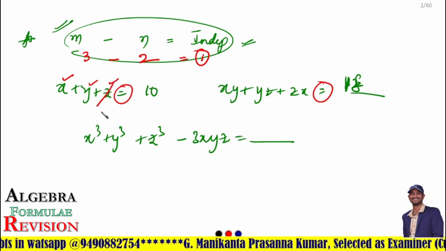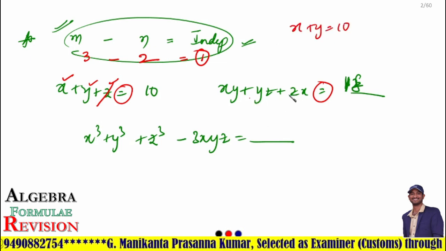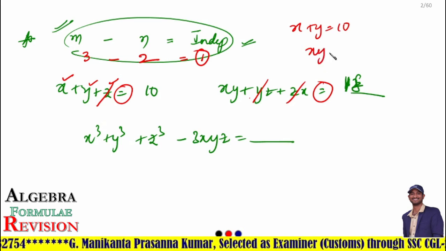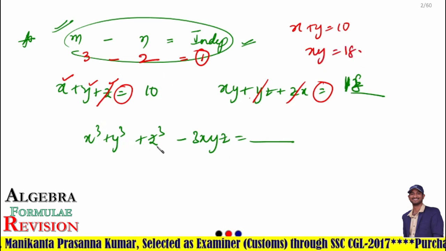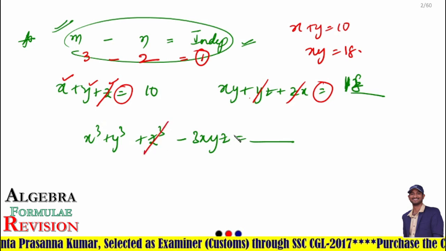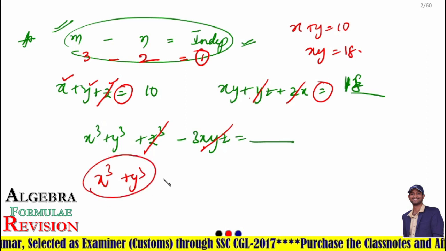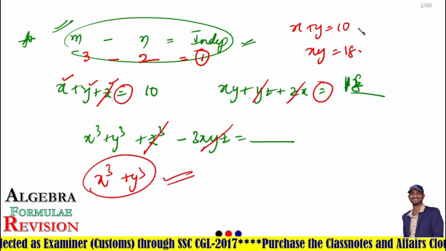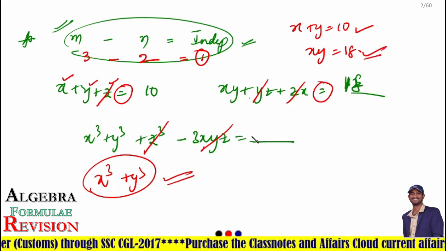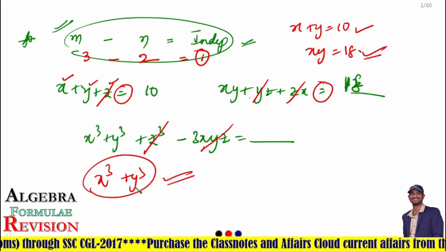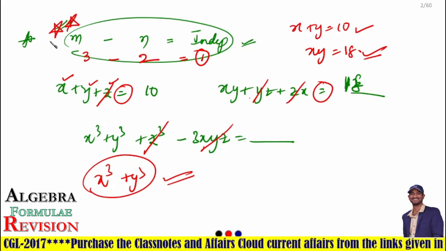If I put z equal to 0, then x plus y equals 10, and since z equals 0, those terms cancel, and xy equals 18. Then substituting z equal to 0 in the given question, you finally have to find the value of x cube plus y cube only. If I know the value of x plus y is 10 and xy is 18, then you can easily find the value of x cube plus y cube. So this is one of the basic concepts and basic formulas in algebra.